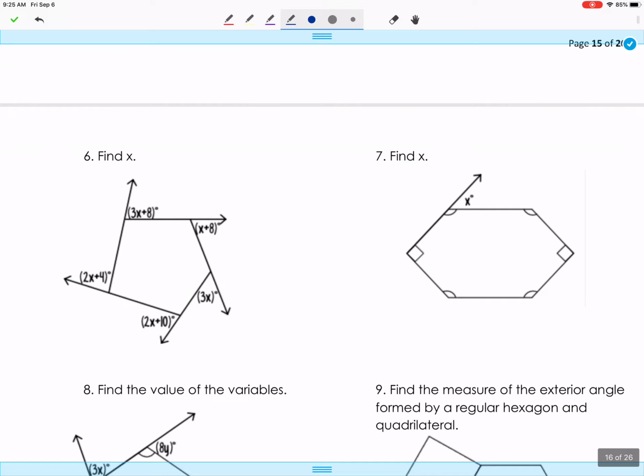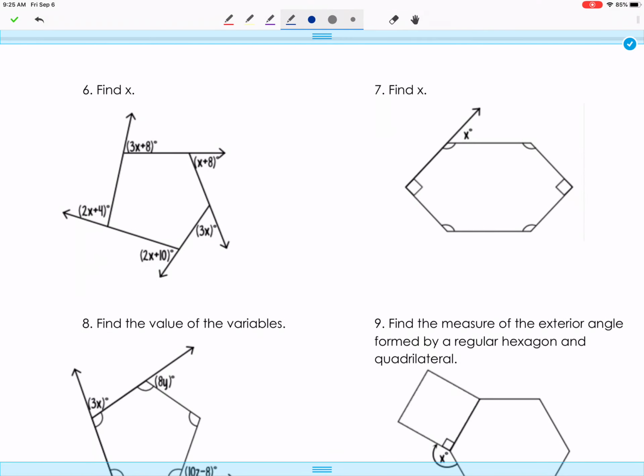All right, now for 6, notice that you don't know any of the angles on the inside. And it's pretty difficult to get inside because none of these angles are just constants. All of these are expressions. They've all got x's that belong with them. So in this case, it's actually easier not to focus on the inside, but to think about the outside.